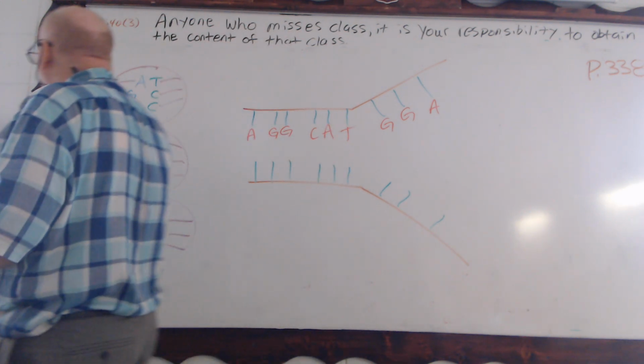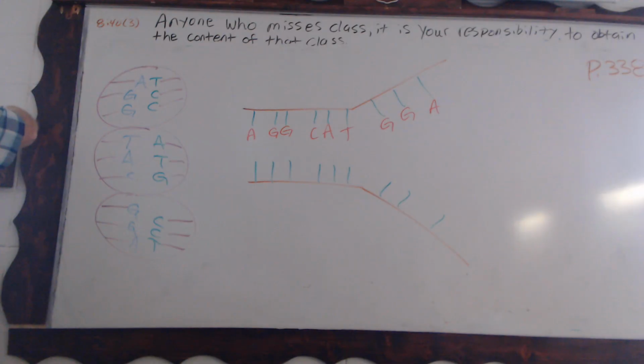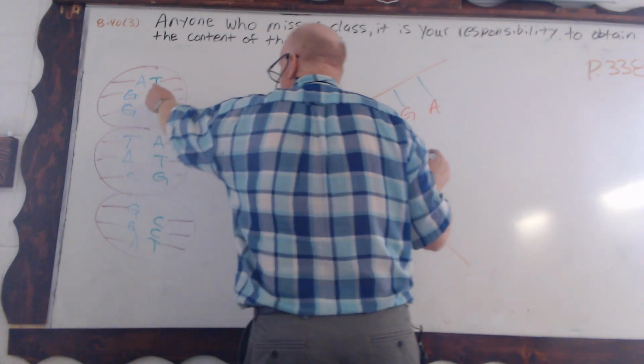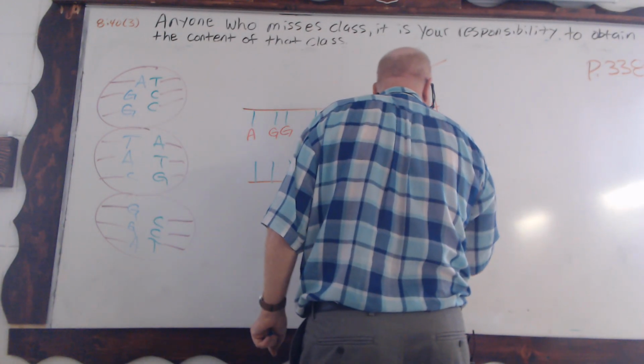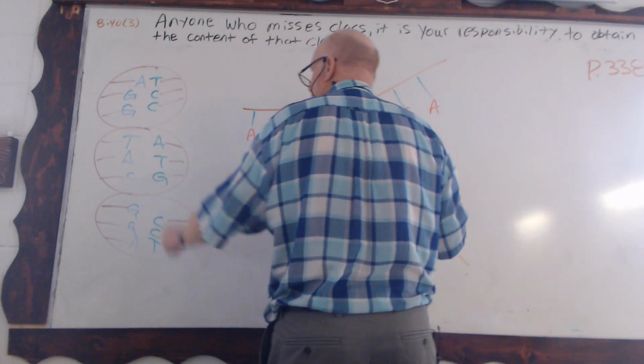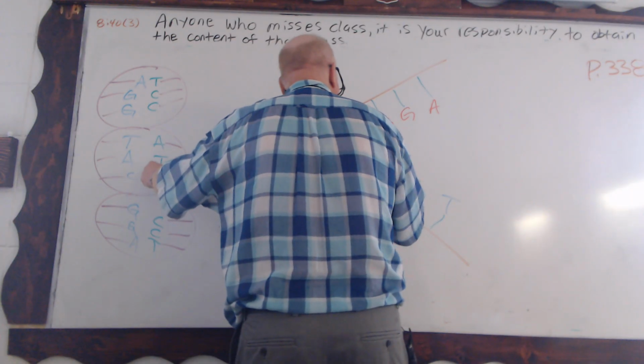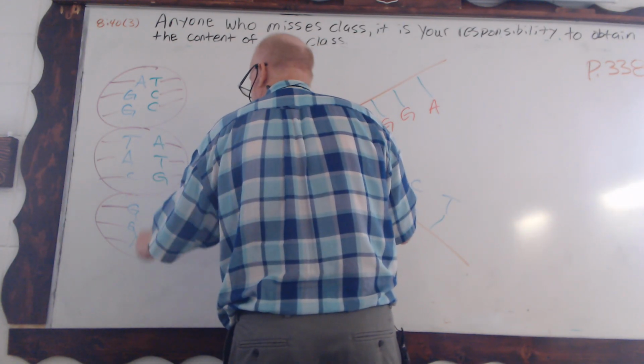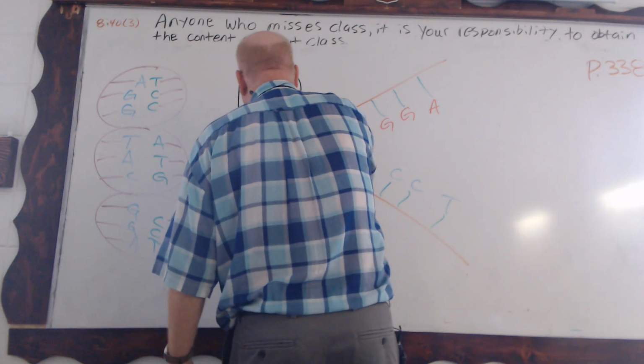Then we can put these complementary base pairs in. We can just look at this and know that TCC, and then ATG, and then CCT.